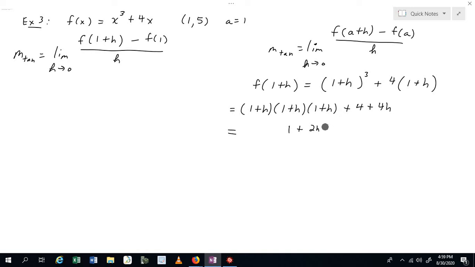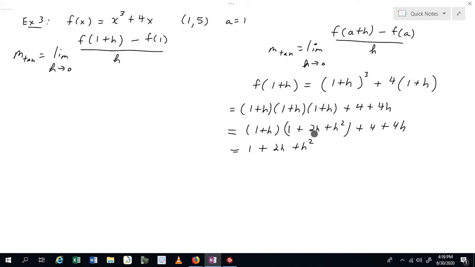And then the last would be h squared. Okay, and now let's multiply this out. Now to multiply this out, you would just take this 1 and multiply it by all 3 of these. And of course you would just get this, because you're multiplying by 1, so you get the same thing back.